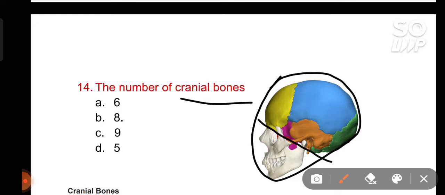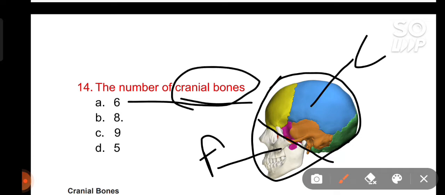Okay, so here we have the skull. The skull is divided into two. One is facial and one is cranial. So the question is, how many bones are present in the cranium? The options are option A 6, option B 8, option C 9, option D 5.